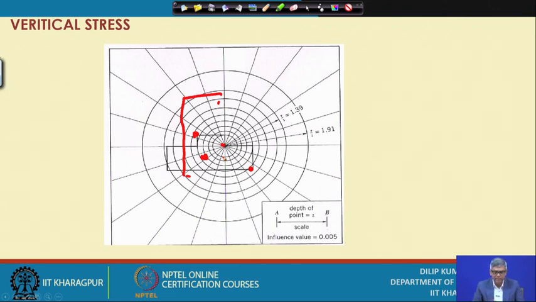So this is a very universal chart for any shape of foundation. Suppose the foundation shape is something like this, which is unusual, but suppose I imagine that it is a foundation type. This cannot be handled by Boussinesq's point formula, area integration or corner formula; nothing will be used here.